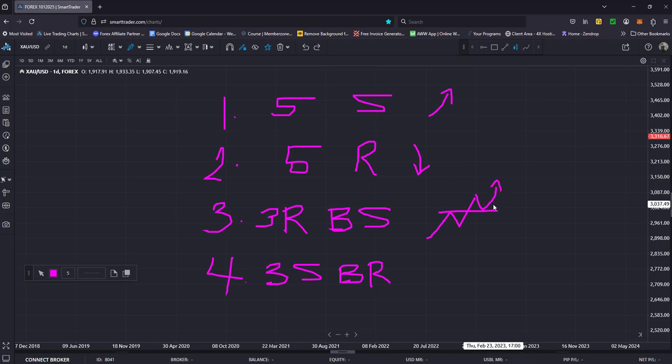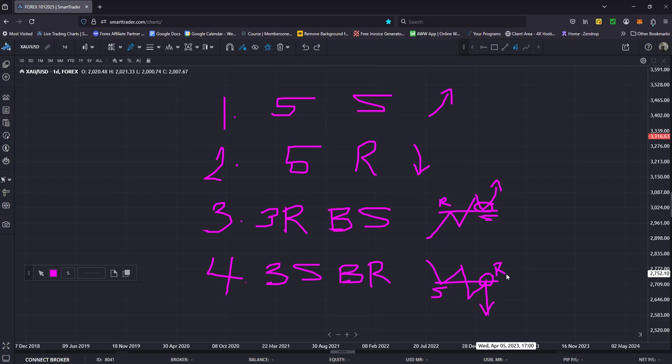So that will be this area here, where resistance became support. Support becoming resistance would be the market falling like this. The market found support, broke out, came back to the level, and then fell. And this area here would be your support becoming resistance.